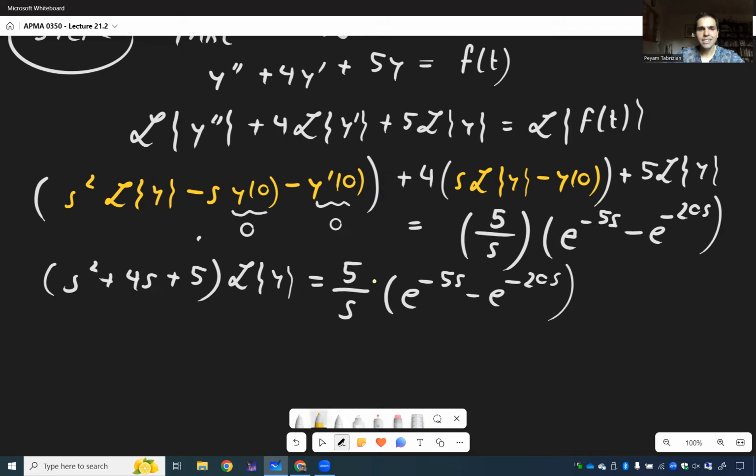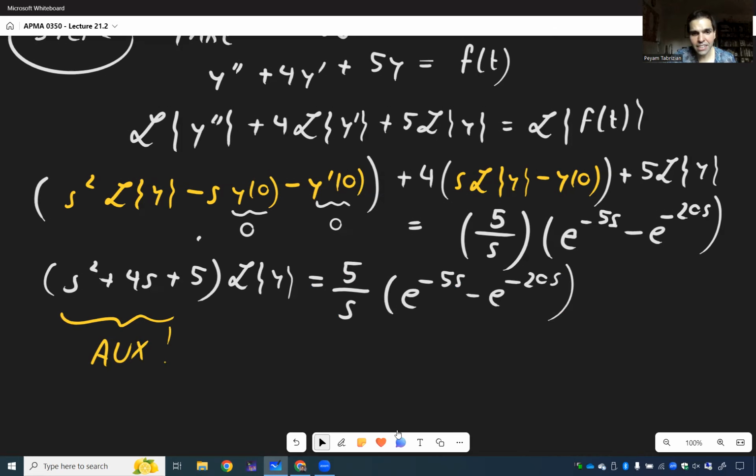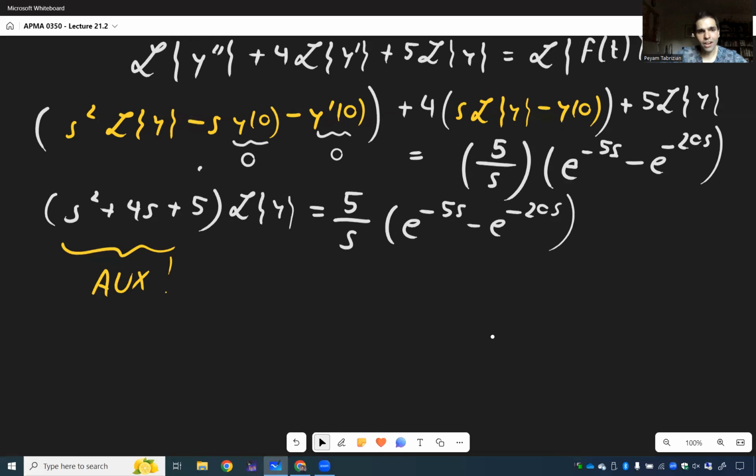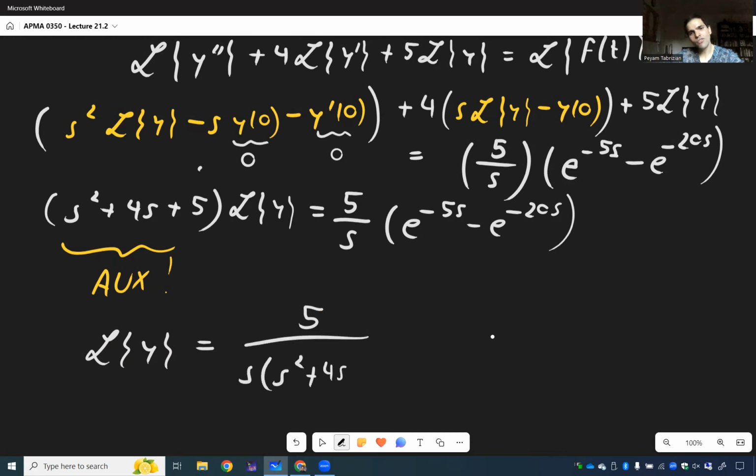And once again, sanity check. This becomes the auxiliary equation. And so in the end, L of y becomes 5 over s times s squared plus 4s plus 5, times the exponential terms, e of minus 5s minus e of minus 20s.